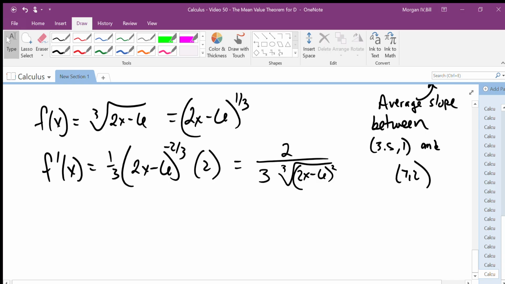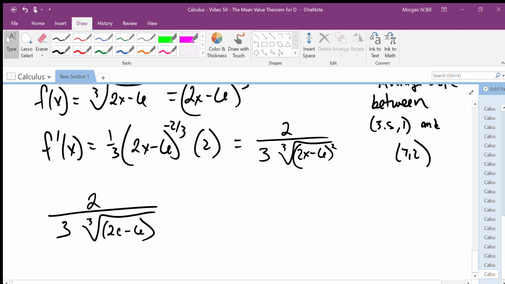What we're saying is there exists a c such that f prime of c, and I'm going to use c's now instead of x's, is 2 over 3 times the cubed root of 2c minus 6 squared. That slope at c, f prime at c, is equal to 2/7. We have a ratio on the left-hand side equal to a ratio on the right-hand side.